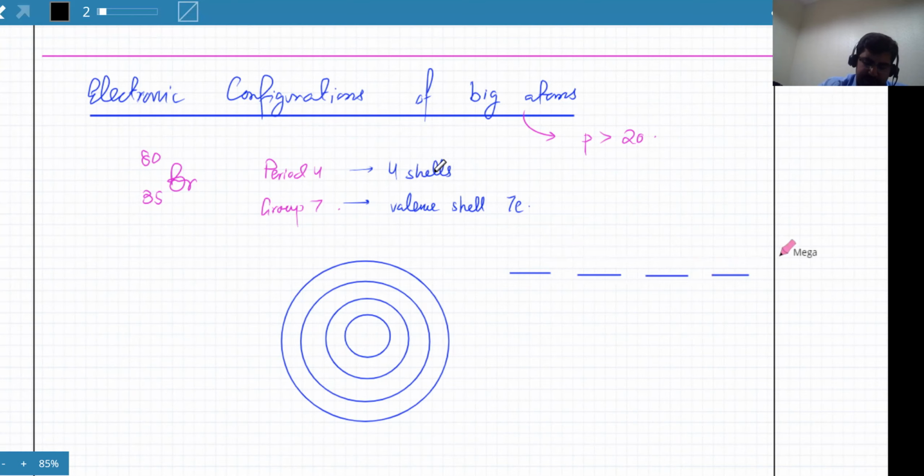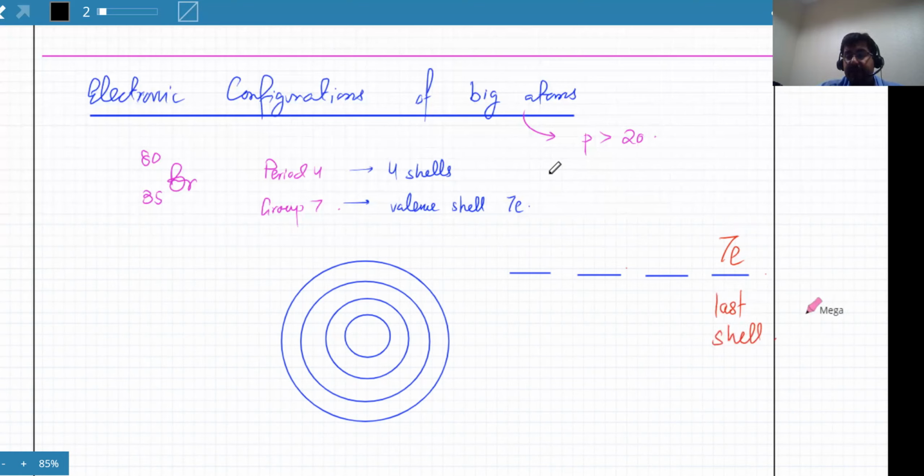The first shell always has 2 electrons, and the second shell always has 8 electrons. So what you can do is, instead of actually filling the first shells, you can start off with the last shell. You know that the valence shell has 7 electrons. So fill the valence shell with 7 electrons. That's the outermost or the last shell.